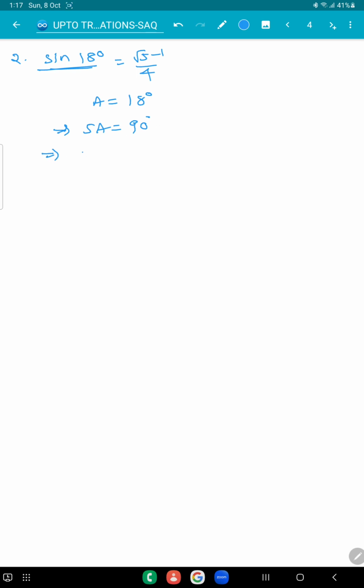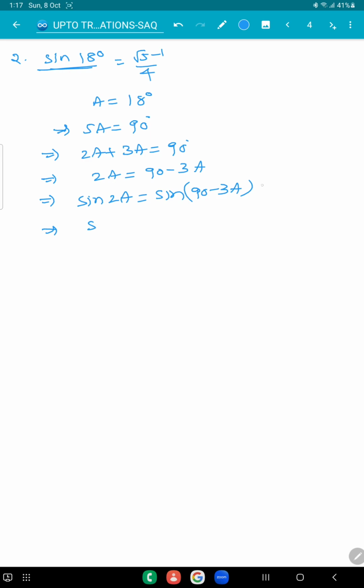So 5a can be written as 2a plus 3a, that is equal to 90 degrees. So that means 2a is equal to 90 minus 3a. Let us apply sine on both sides. Sine 2a is equal to sine 90 minus 3a. What is sine 90 minus theta? Sine 90 minus theta is cos theta.